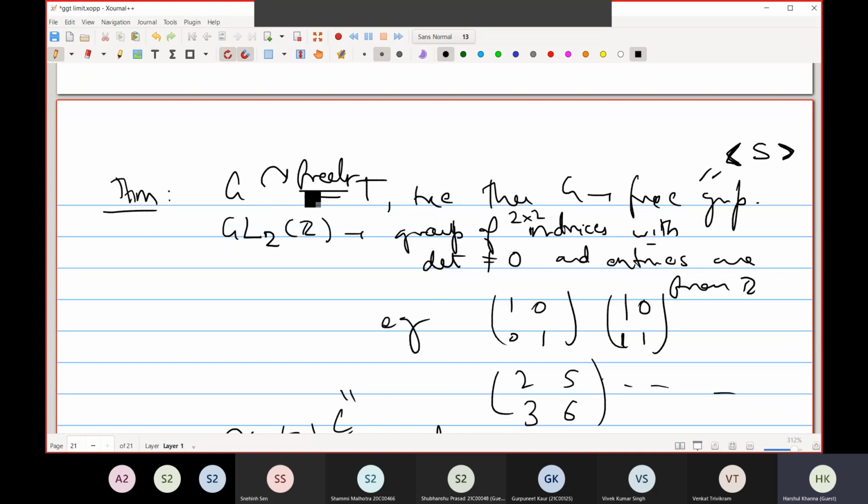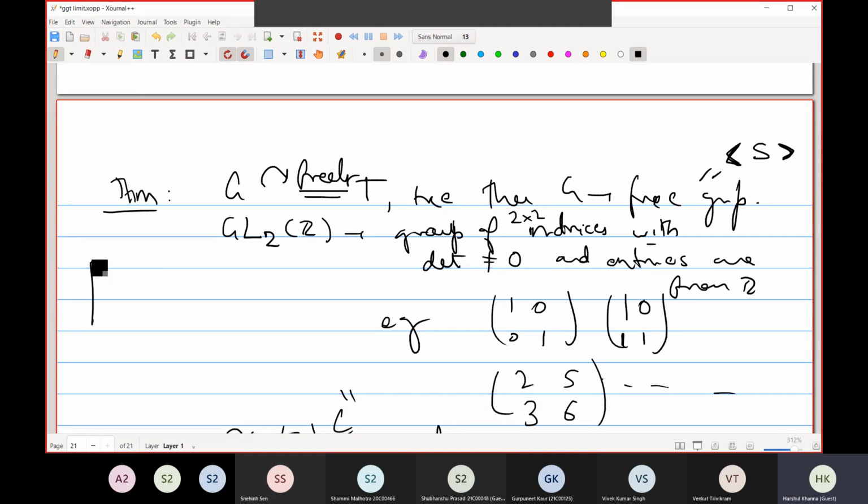But if the action is more restricted than free, you don't have as much information, but you can still do a good amount of work.